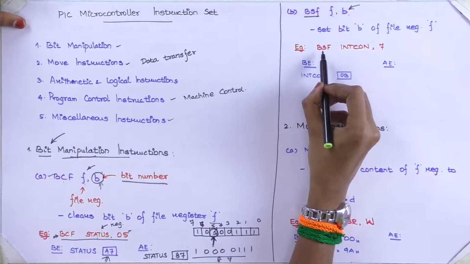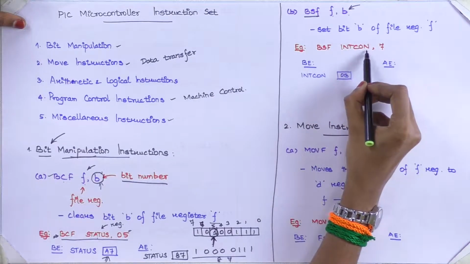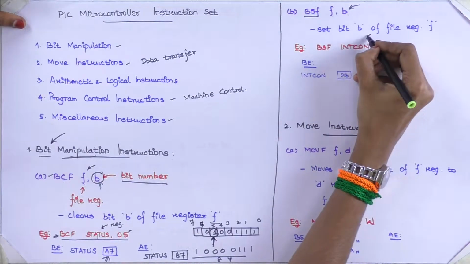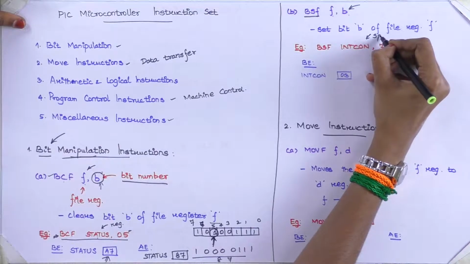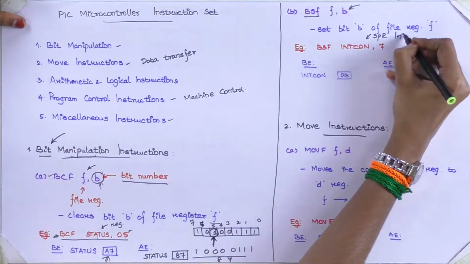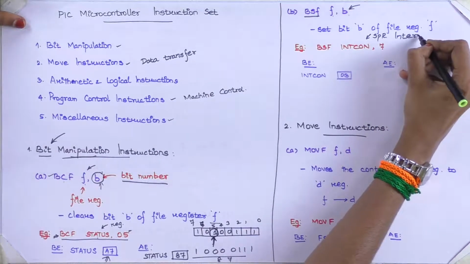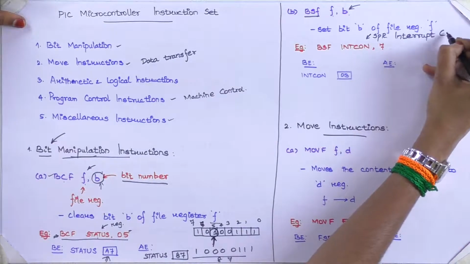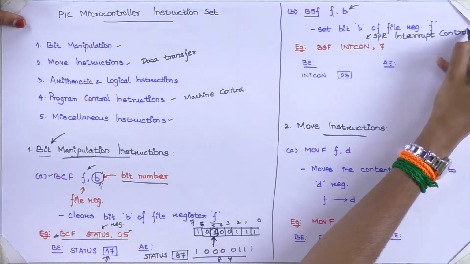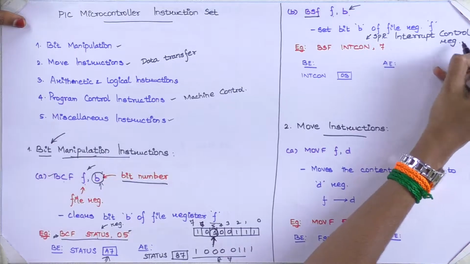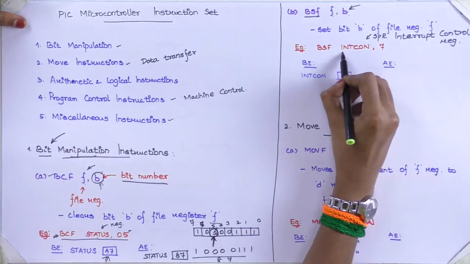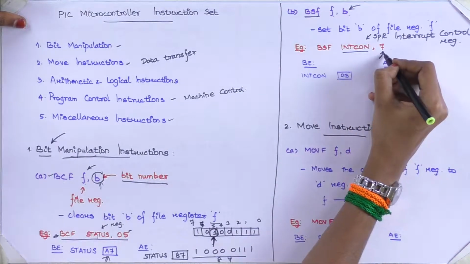So we will see an example, BSF INTCON comma 7. So this INTCON is nothing but a special purpose register. Okay, its name is interrupt control register. Okay, so what we are supposed to do here, so in the interrupt control register we have to set the 7th bit.